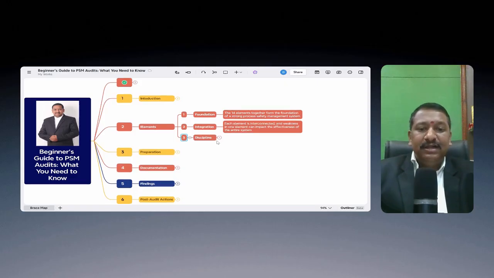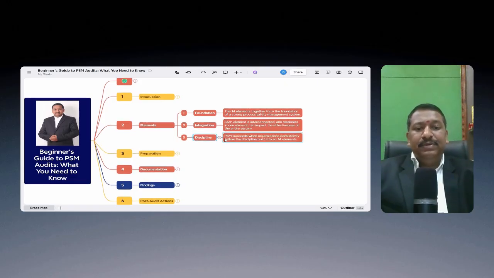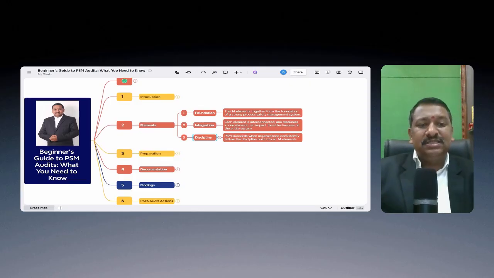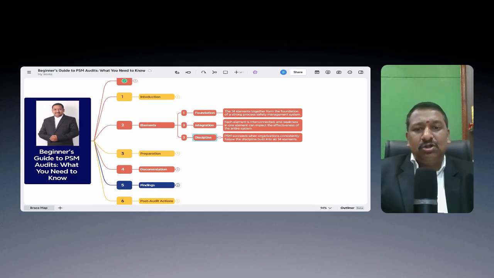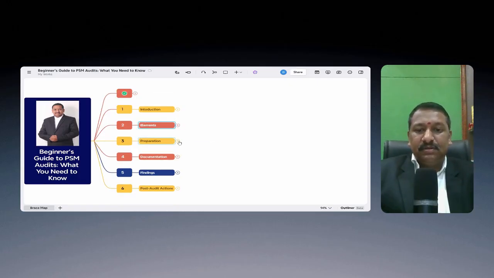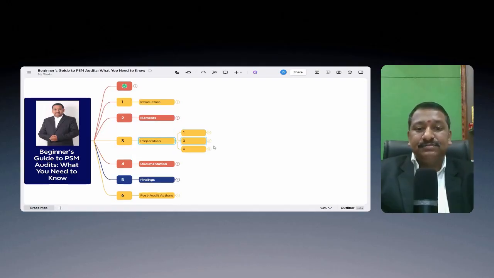Then the third aspect is discipline. PSM succeeds when organizations consistently follow the discipline built into all 14 elements. For successful implementation of the PSM system, we have to consistently work on all the 14 elements mentioned in the PSM.